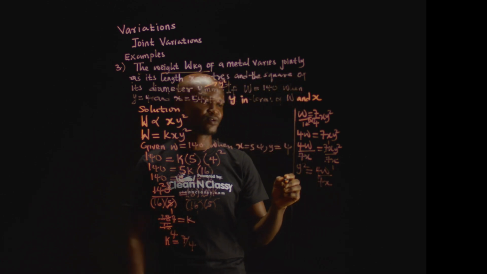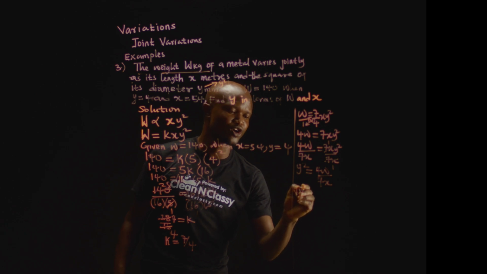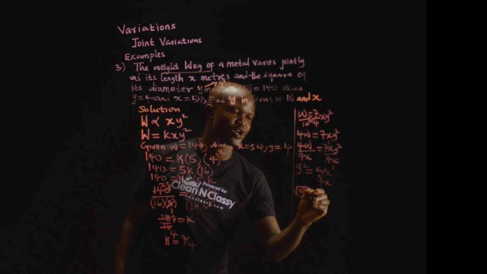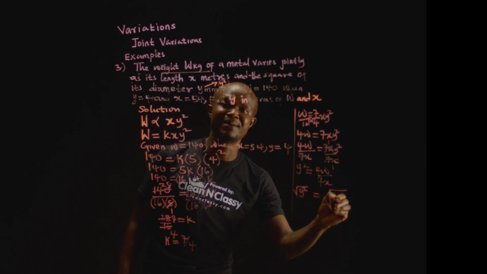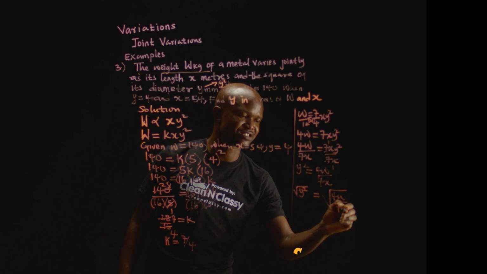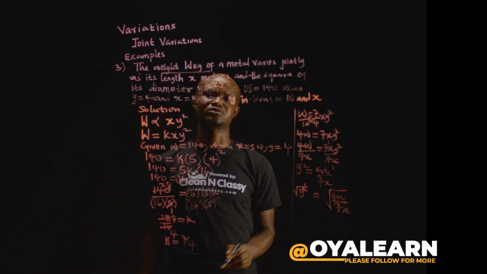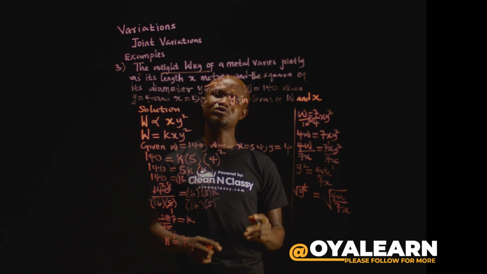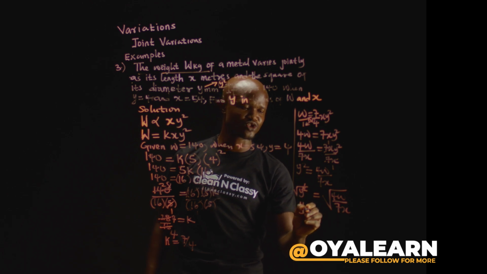By taking the square root of both sides, what do we have? Square root of y squared will be equal to what? Square root of 4w divided by 7x. So these two will go with the square root. That's the meaning. Square root of y squared is y. So y will be equal to what?